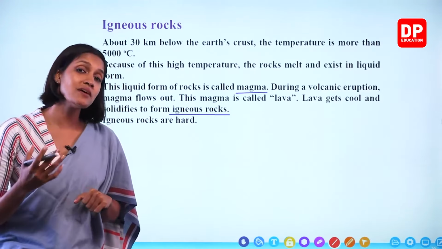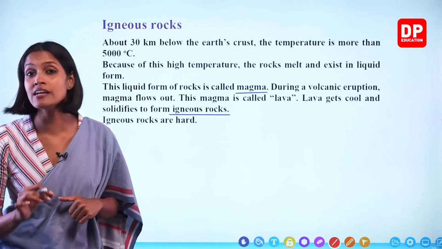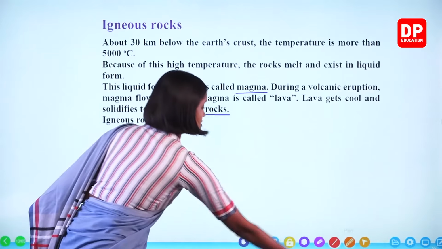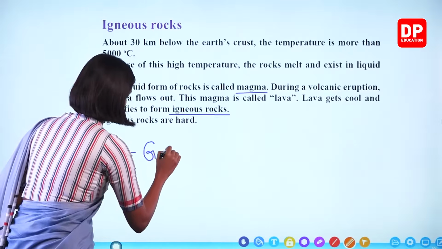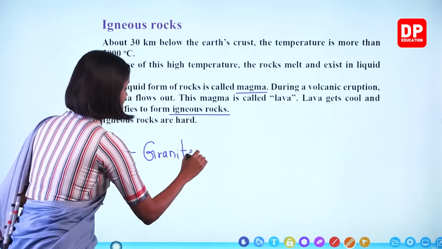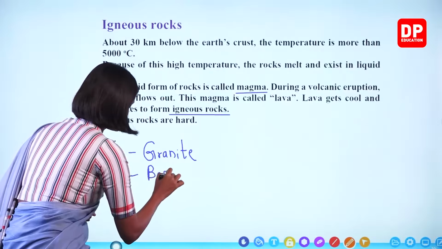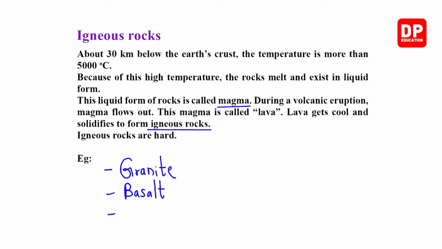In the first activity, we observed a piece of granite. Granite is a type of igneous rock. We will write some examples. Granite, another example is basalt, and another one is obsidian.